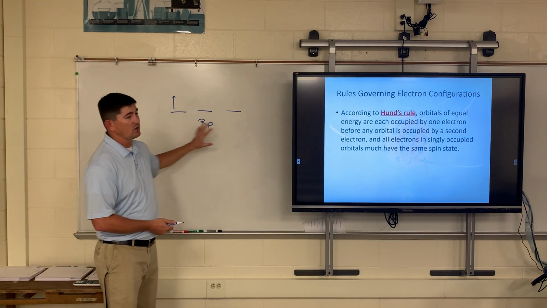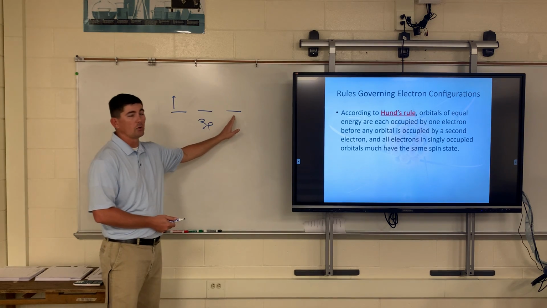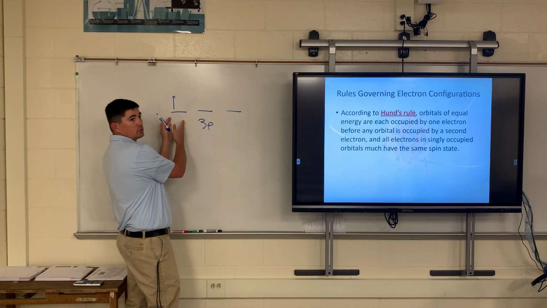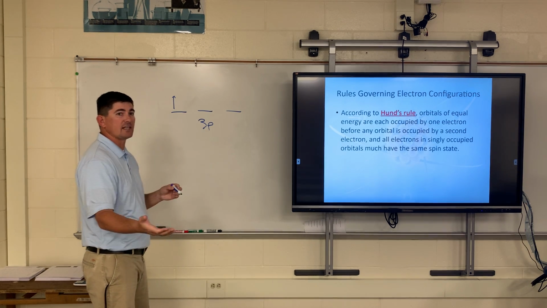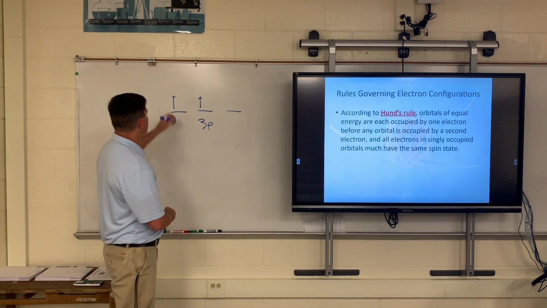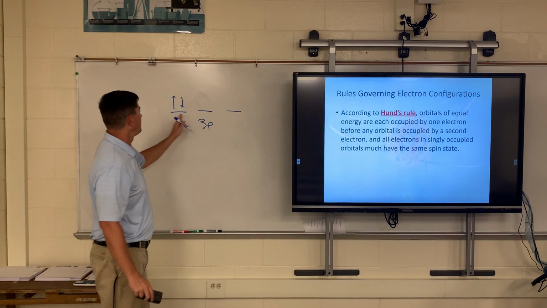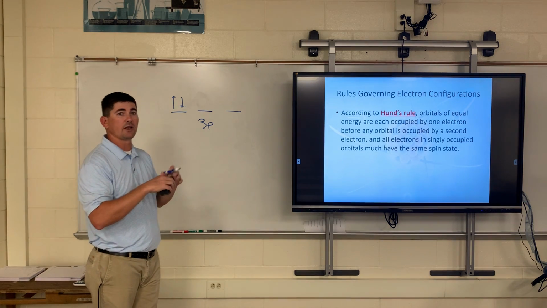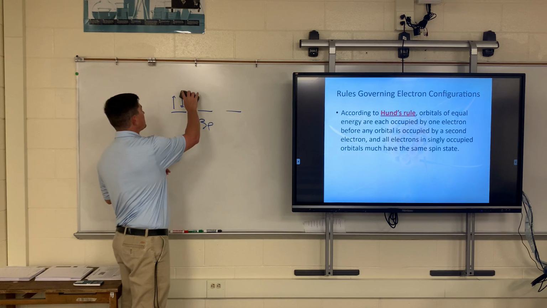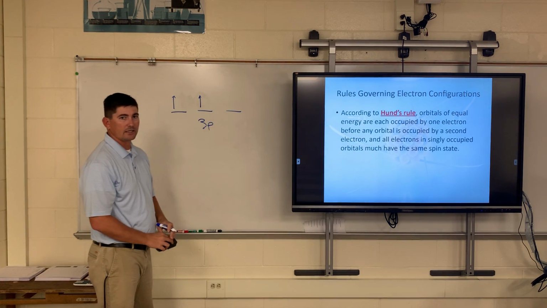Even if you only have one electron in the 3p orbitals, I still have to list all three 3p orbitals, so we can see they come in a set of 3 but we're only using one of them. If we have a second electron, it goes in its own orbital like this. It does not double up, because why would it double up and get closer to that electron than it has to be? Electrons have the same charge, so they like to stay far apart. It stays far apart by getting its own orbital.